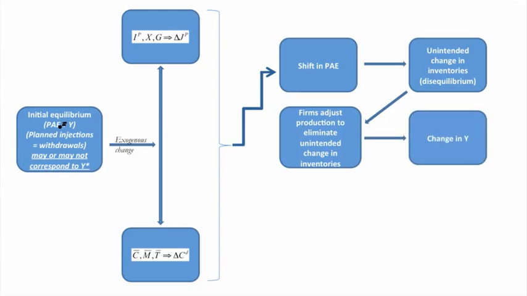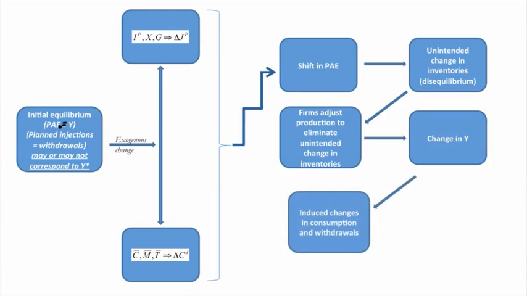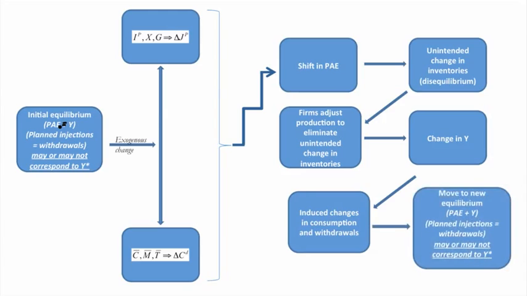The change in production, of course, is equivalent to a change in the economy's GDP. Remember that that's a change in income. Production and income are two different words for the same thing at the level of the macroeconomy. That's going to lead to what is sometimes called induced, or if you like, endogenous changes to consumption and withdrawals, and that's part of the transition process to a new equilibrium. And then we move to a new equilibrium.